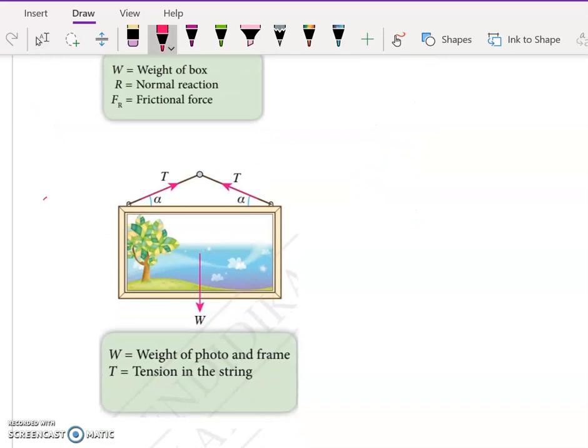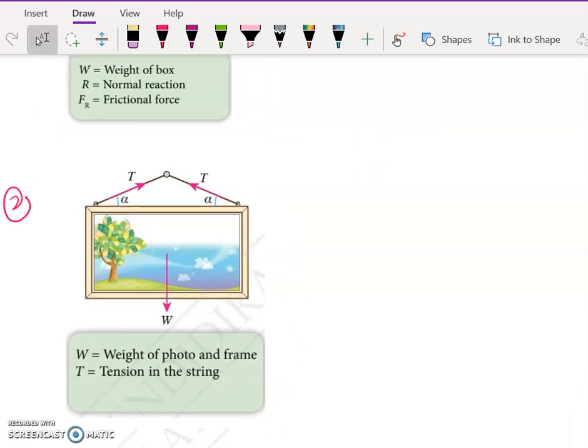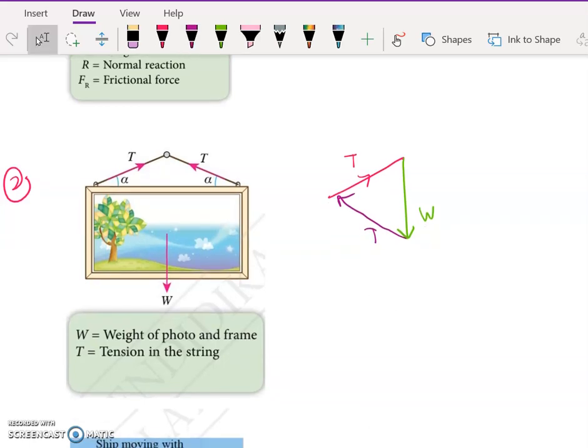For question 2, draw tension 1 and then connect it with W and connect with the second tension T. When you draw the triangle of force, make sure the angle must be similar to the original drawing.